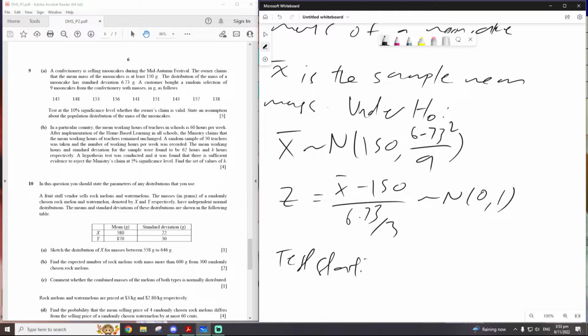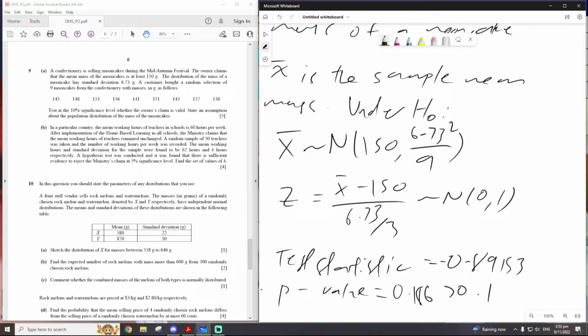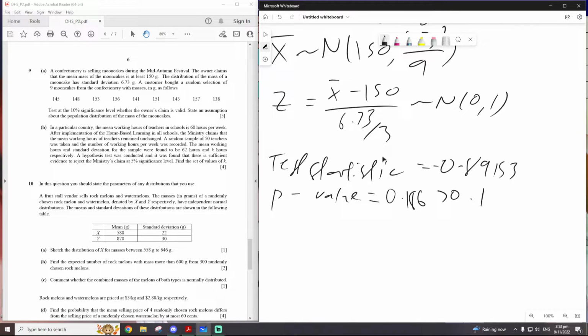Test statistic, you will get negative, I think, 0.89153. P-value, if you use your GC find p-value, is 0.186, which is greater than 0.1, right? So we do not reject H naught. And then conclude as per normal.